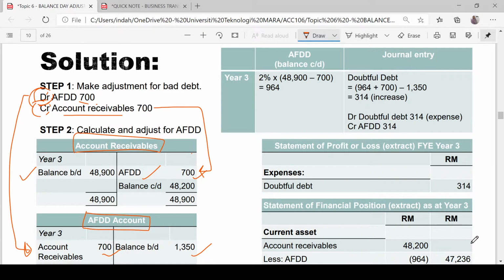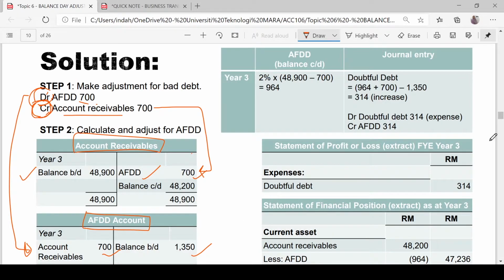Allowance for doubtful debt is only an estimation, only a possibility that we might not be able to collect the money, but there is still a possibility that we can collect that amount. But bad debt is confirmed that you cannot collect that money from your account receivable, so that's why you credit directly to your account receivable the amount of 700 of bad debts.